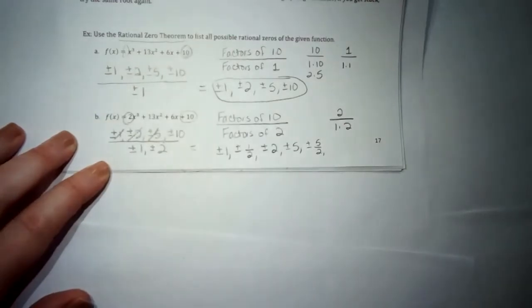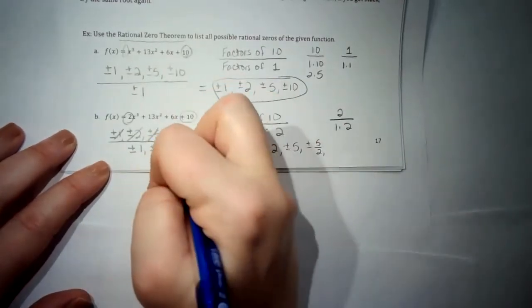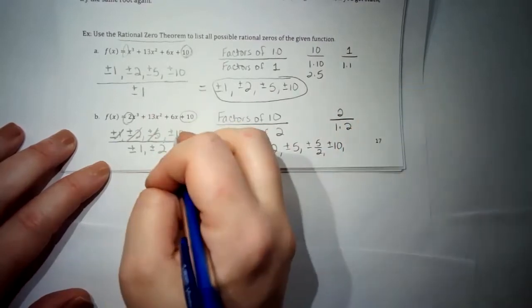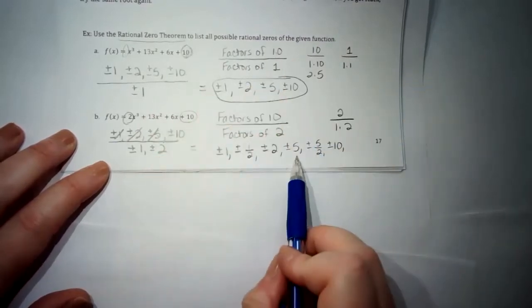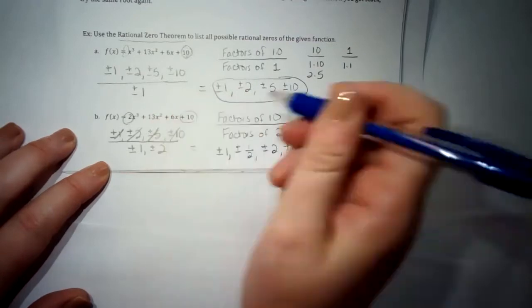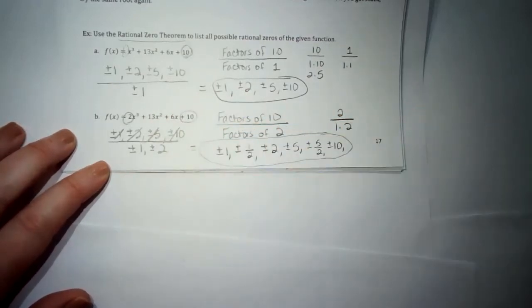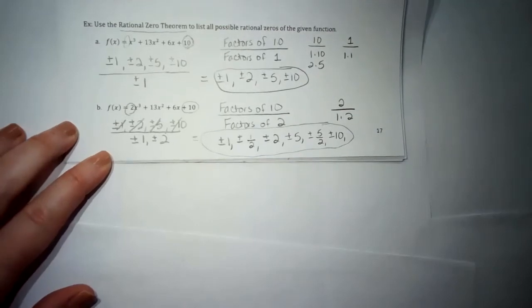Now I'm done with him. Okay, then I have 10 divided by 1. And then 10 divided by 2. Well, that's 5, and I already have that one. So now I'm done. So these are my possible rational zeros that I would want to divide into my polynomial and check and see which ones work.